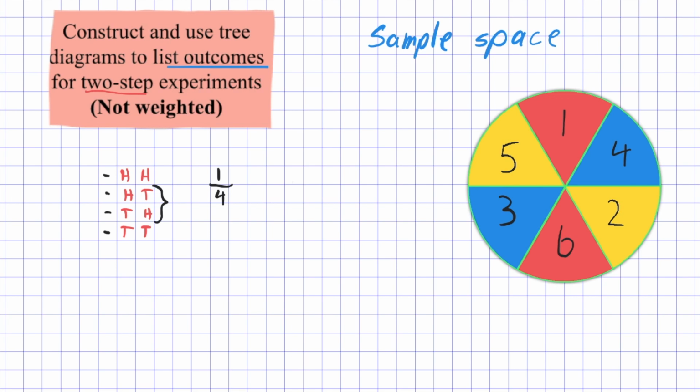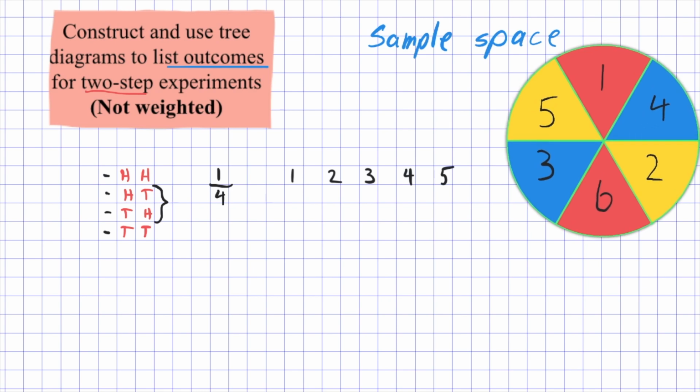Here we go. Let's go 1, 2, 3, 4, 5, and we'll move this a little bit off to give us some more room. 6. This is our sample space for a single-step experiment.